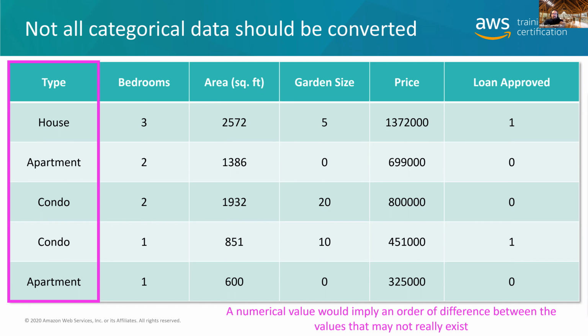When you do that, it implies they have an order difference, a magnitude between the different numbers, and these additional features are not really something that belongs to the original data. This could give you wrong or unexpected results, but you still want to convert these categories, which are just names and not ordinal, into something that's meaningful for the algorithm.